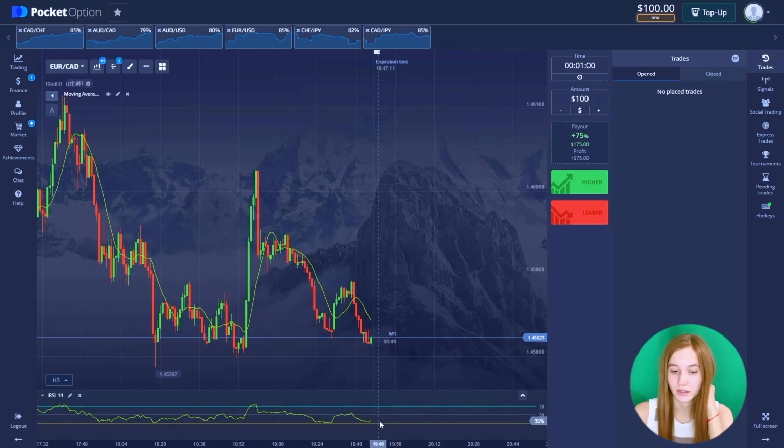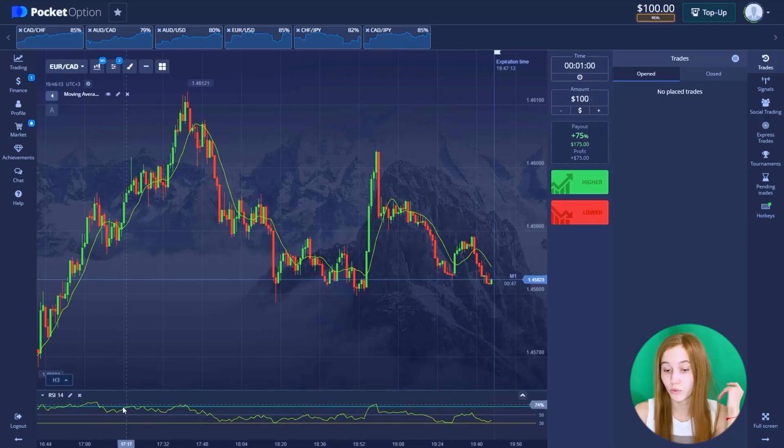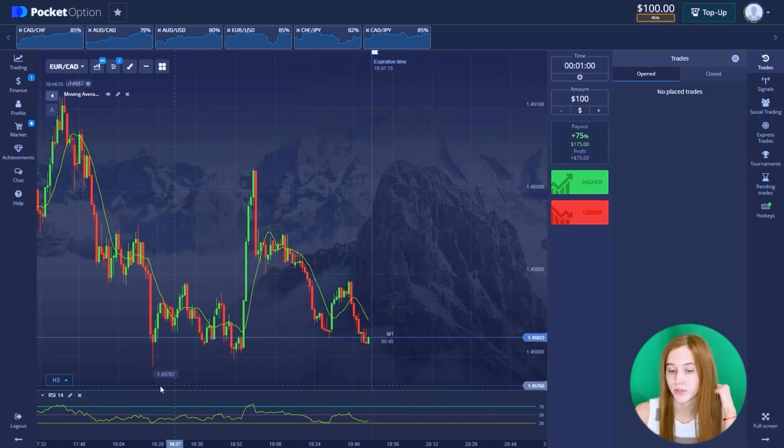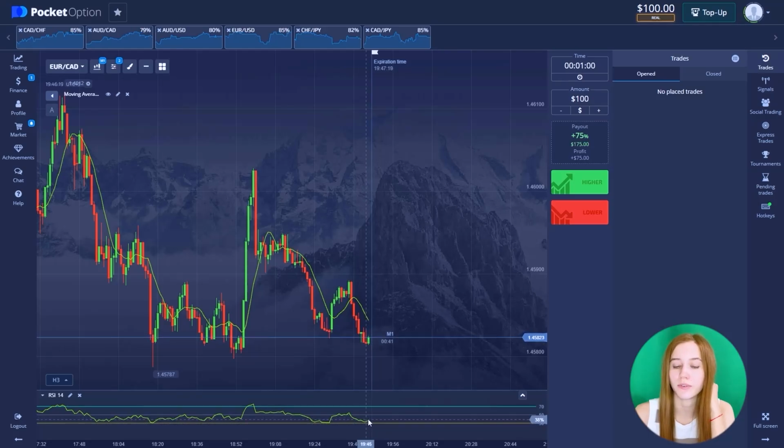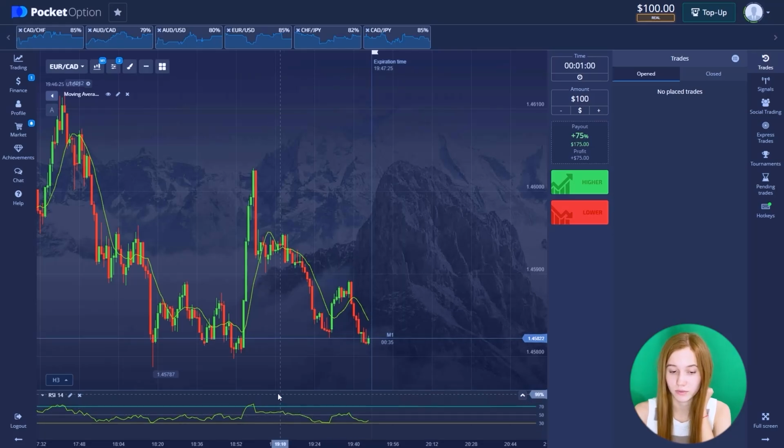Upper zone and lower zone. Upper is overbought and the lower zone is oversold. This indicator helps to understand in which direction our trend is going.